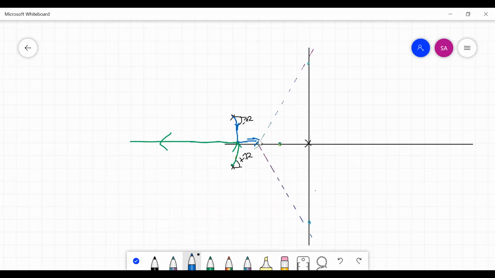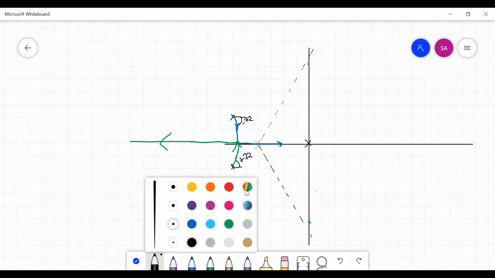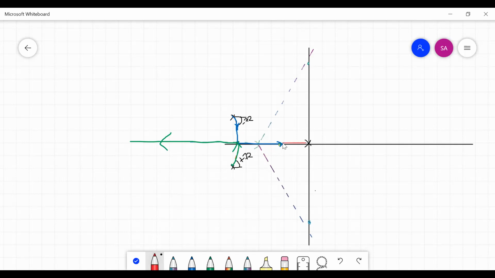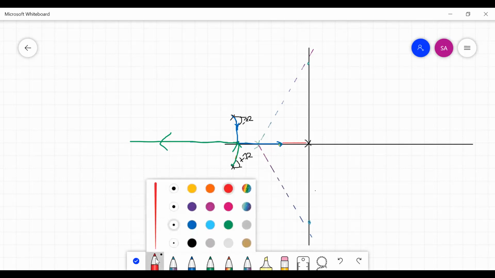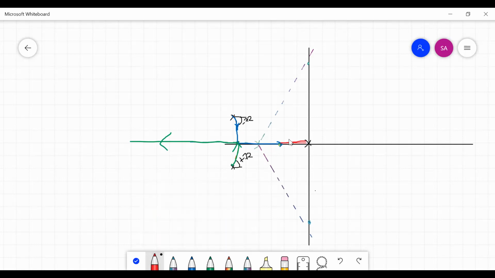Again, it will come here and see a breakaway point along this axis. From the other end, there is one more root locus coming, starting from here. Both of them meet.